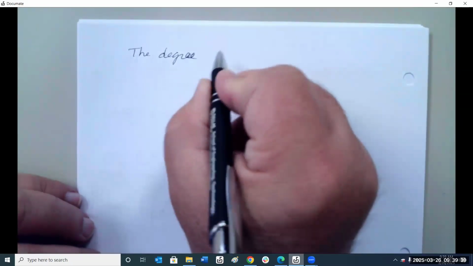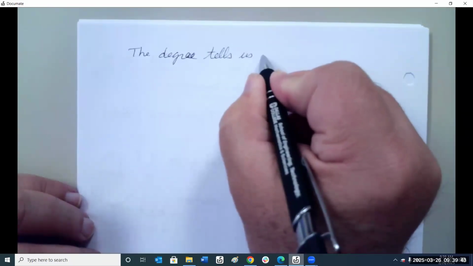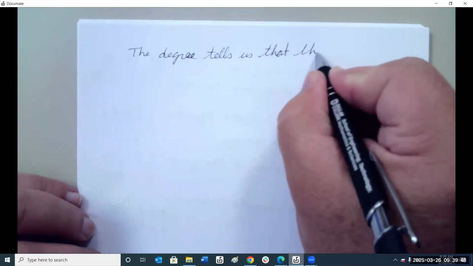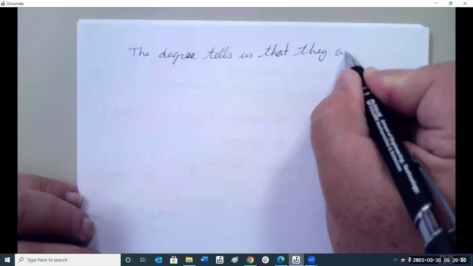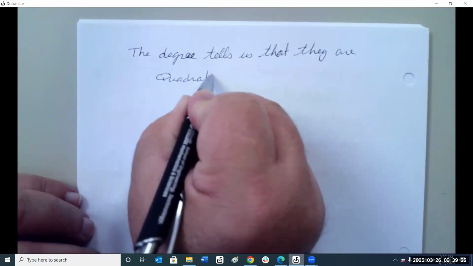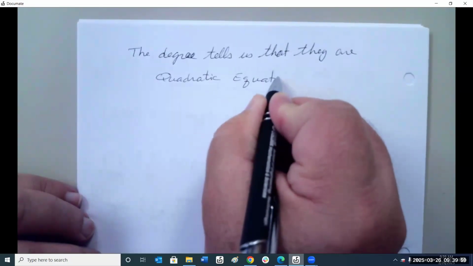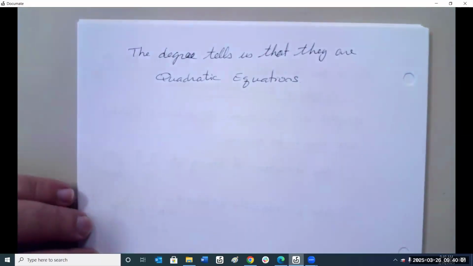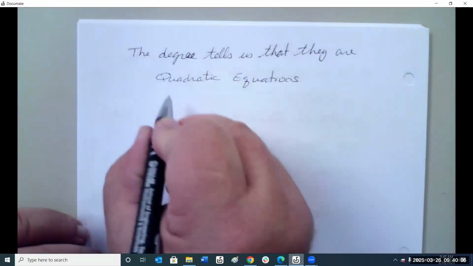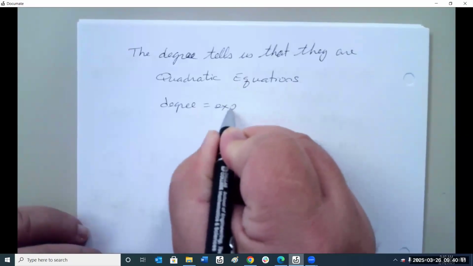The degree tells us that they are quadratic equations. Remember, degree equals the exponent.